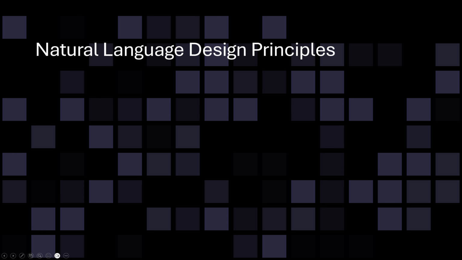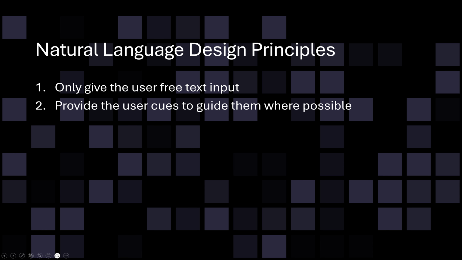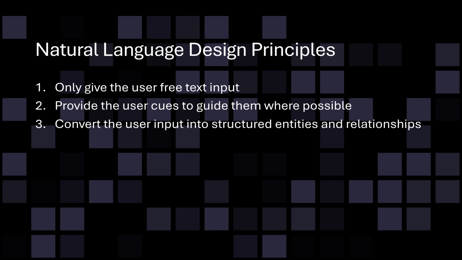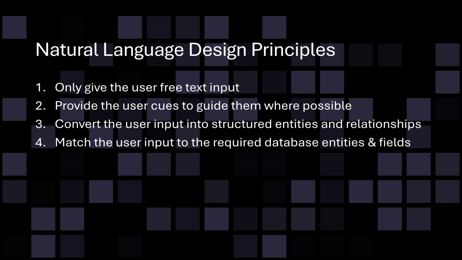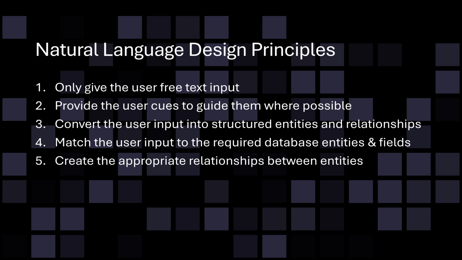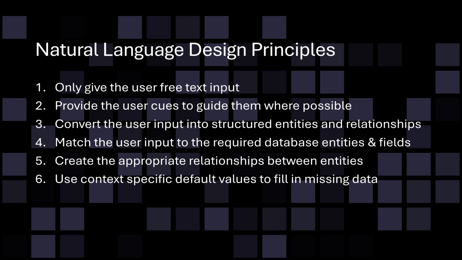So the natural language design principles that were just demonstrated are: only give the user free text input, provide the user cues to guide them where possible, structure entities and relationships, match the user input to the required database entities and fields, create the appropriate relationships between the entities, and use context-specific default values to fill in the missing data.